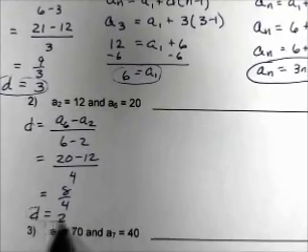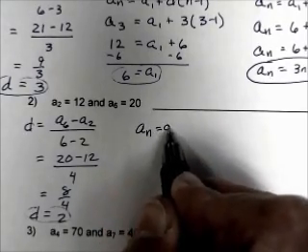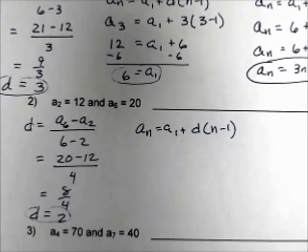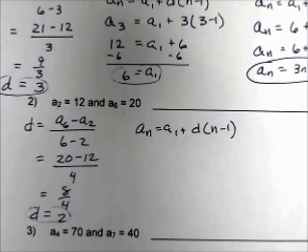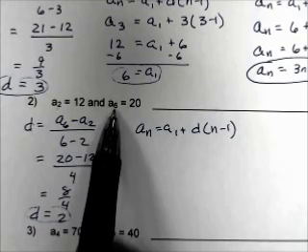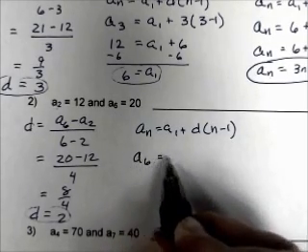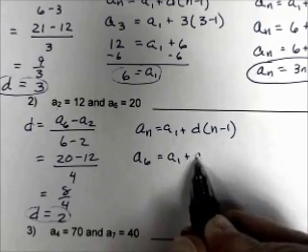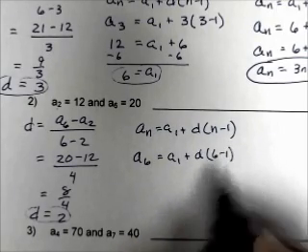All right. Let's go to our formula. a sub n equals a1 plus d times n minus 1. And we know the value of the second term and of the sixth term. It doesn't matter which one you choose. Suppose this time I choose the sixth term. So a sub 6 is equal to a1 plus d times 6 minus 1.